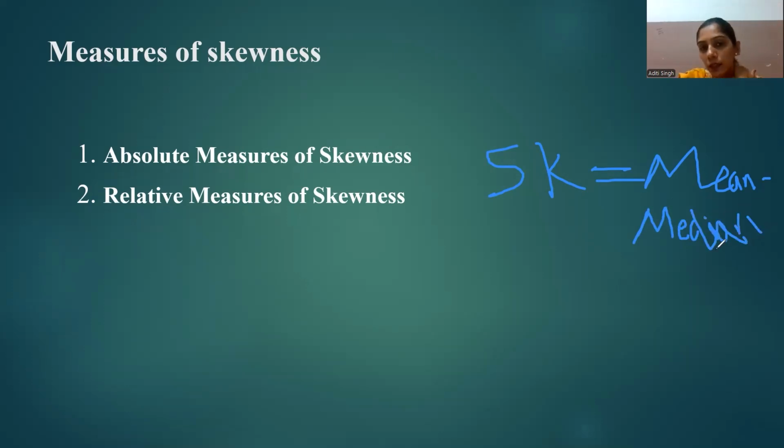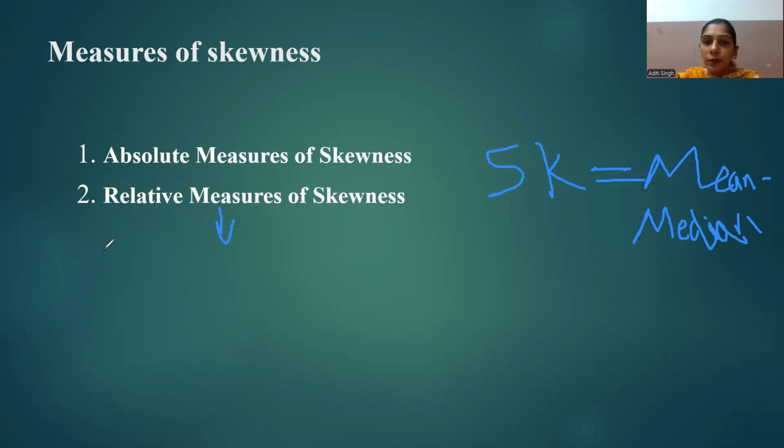For comparing series, we do not use this absolute measure. We calculate the relative measure, which is called the coefficient of skewness. Coefficients of skewness are pure numbers, independent of the unit of measure.